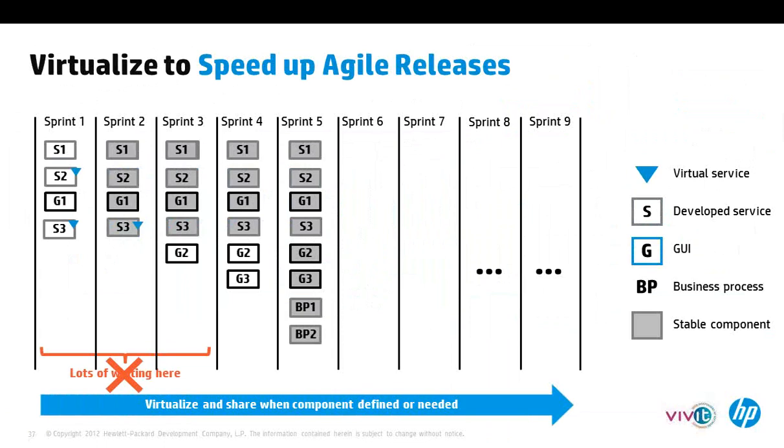So this is what we are really enabling by virtualization: removing the bottlenecks that arise due to dependency of systems, so that gaps can be filled early by virtualizing technologies or services which are either not built or which we do not have access to because they are hosted by a third party, expensive to access, or a back-end system which is not available during the development and testing cycle.